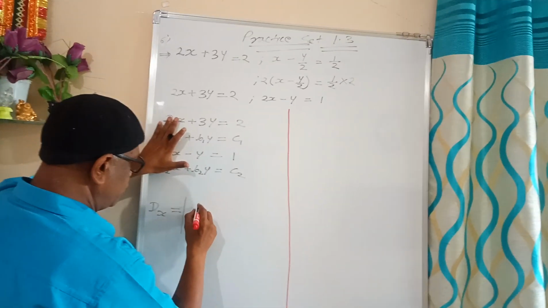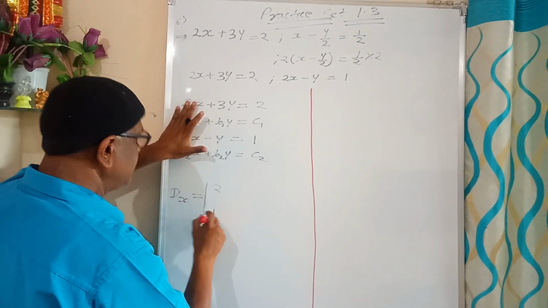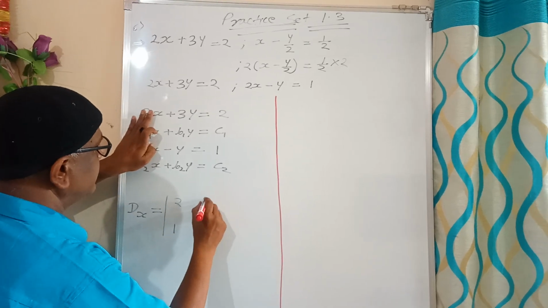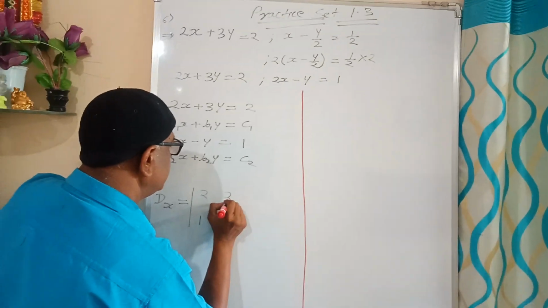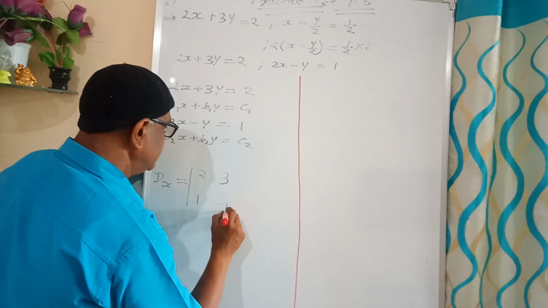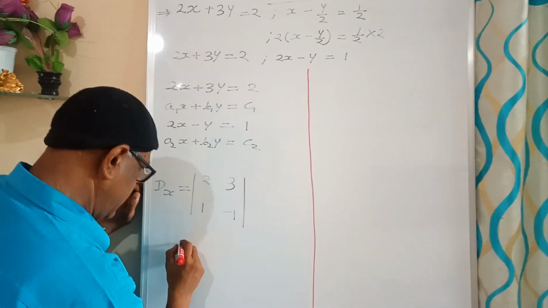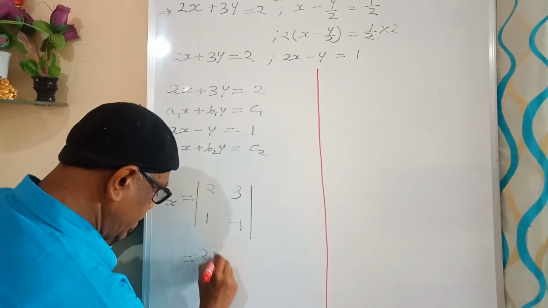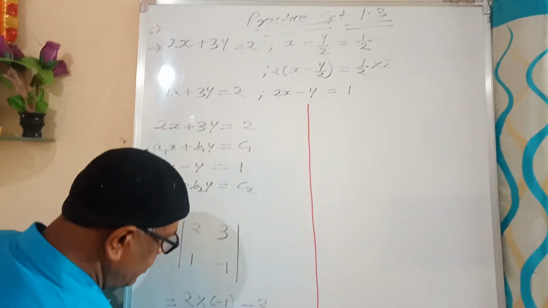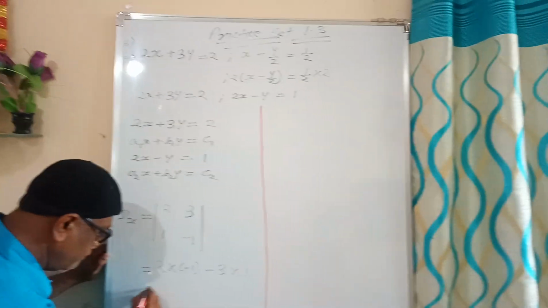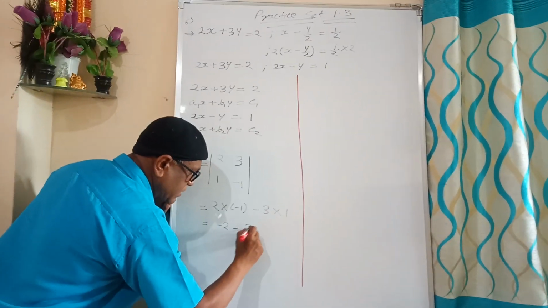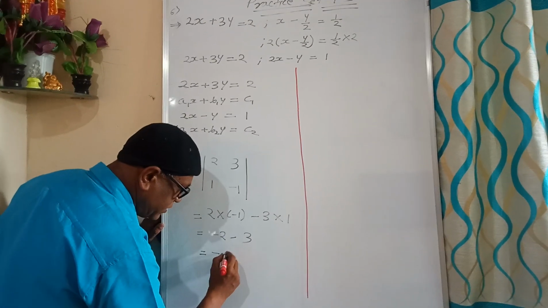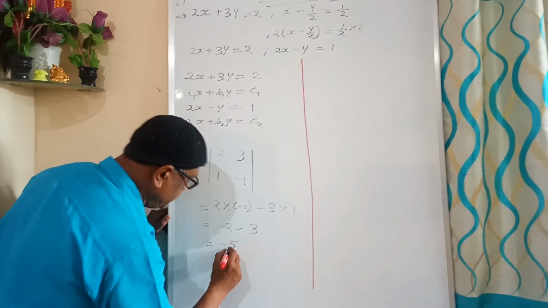Now take the constant terms, that is 2 and 1, and here the coefficient of y is 3 and minus 1. 2 into minus 1 minus 3 into 1, which is equal to 2 into minus 1 is minus 2 minus 3 ones are 3, which is equal to minus and minus, keep the minus sign and add it, 2 plus 3, that is 5. This is Dx.